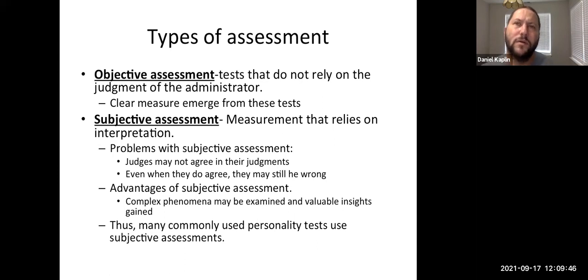It also is harder to fake the test. Obviously, many of the objective instruments have validity scales in them to test for that. But when you have a subjective or projective assessment that is ambiguous in nature, you can't figure out what the right answer is, what the wrong answer is. We'll get into that a little bit more as we go.